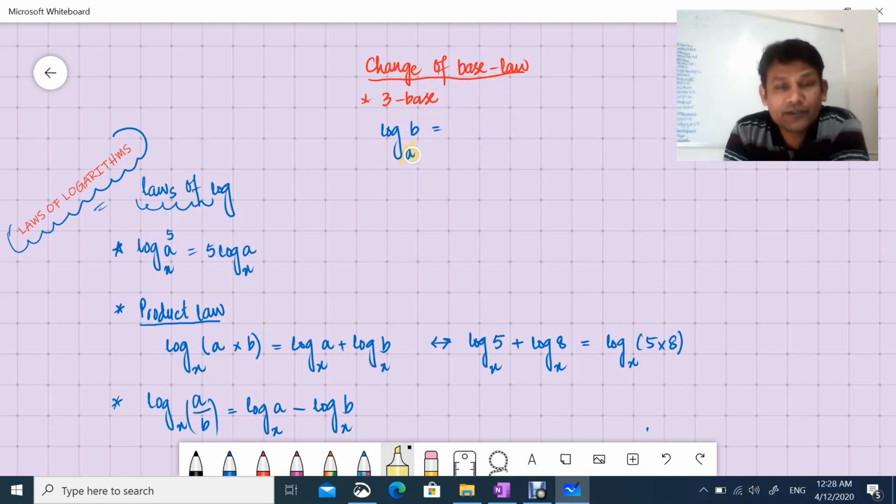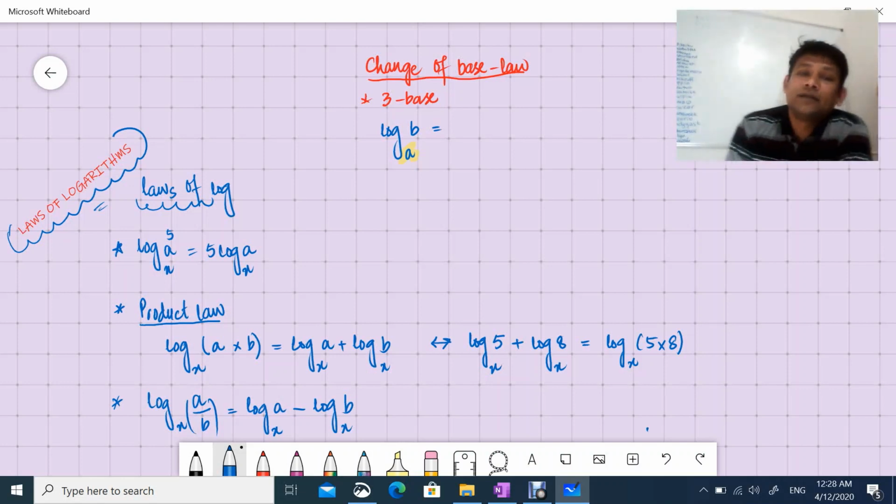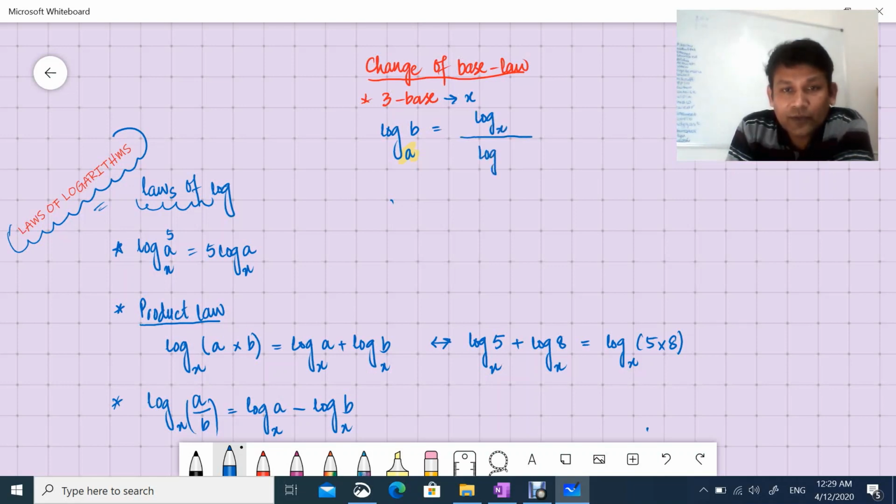But the requirement is that the base will not be a, base will not be b. Suppose the third base is x. So in this situation, you can write log with base x of b upon log with base x of a. These a and b are not the bases. So this is what we write when we require the third base.